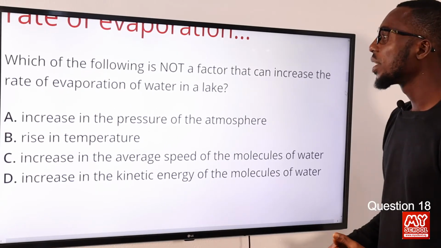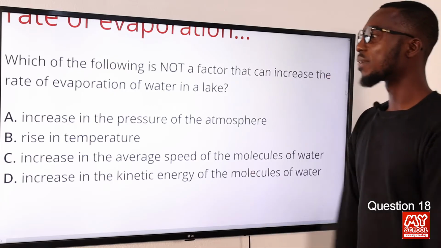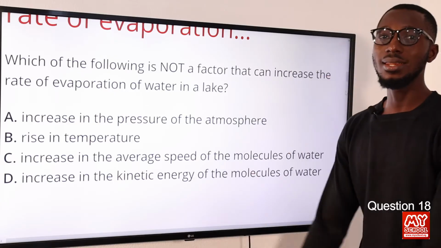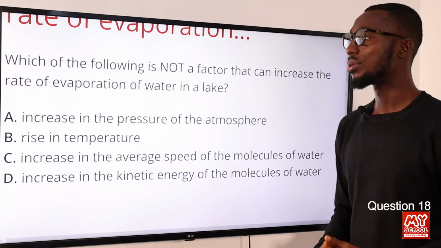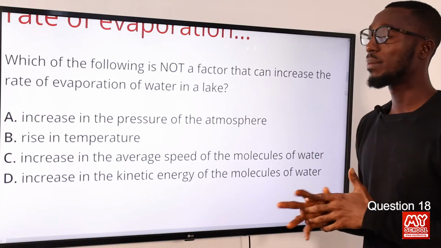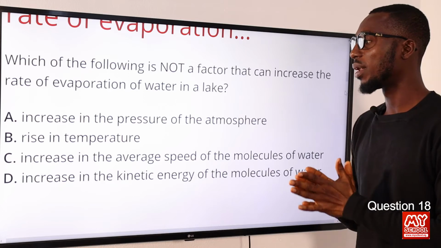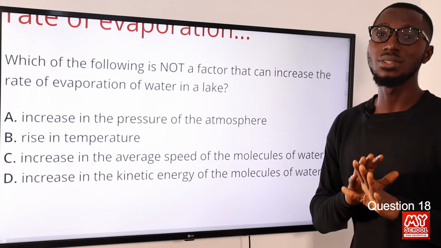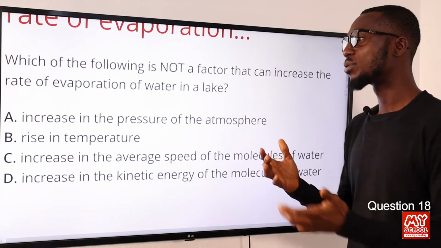18. Which of the following is not a factor that can increase the rate of evaporation of water in a lake? So at first we should just remember that evaporation is when a liquid turns spontaneously into vapor below boiling point. So it occurs at all temperatures, but there are certain factors that can influence the rate of evaporation.